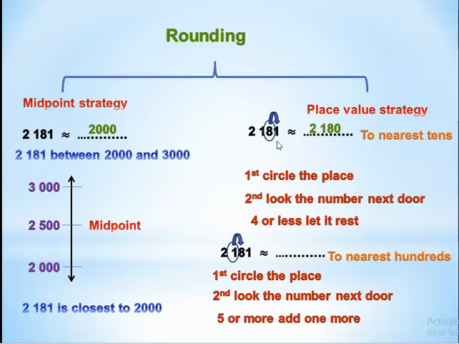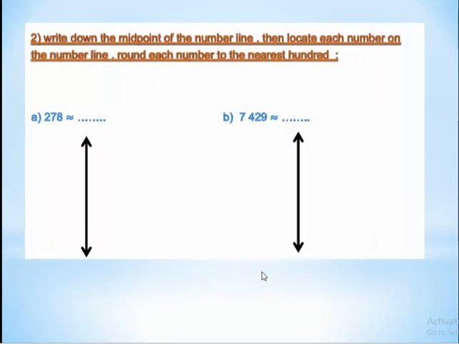So the circled number here is 1, and the next door is 8, so we will add 1 to this 1. It will be 2, and replace the next door numbers with zeros, so it will be 2200.